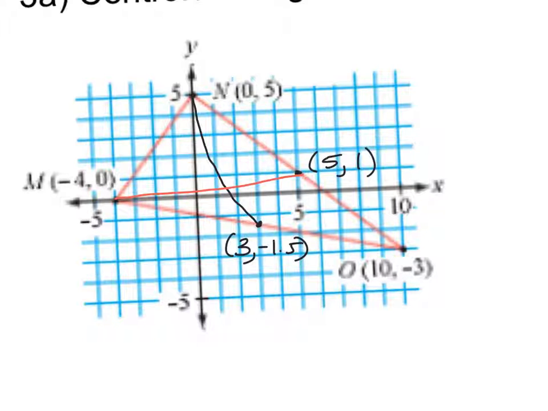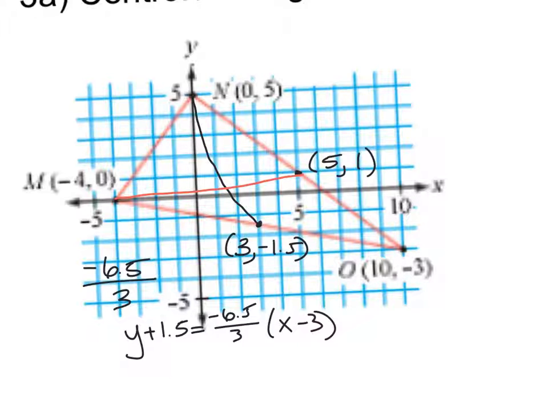The equation for that black line, I'm going down 6.5, and I'm going over 3, so that'll be my slope. So my equation will look like y plus 1.5 equals my slope, -6.5 over 3 times x minus 3. I'm going to clean this up a little bit while I have the chance. So I'm going to subtract 1.5 here from both sides, and I'm going to distribute in the same step.